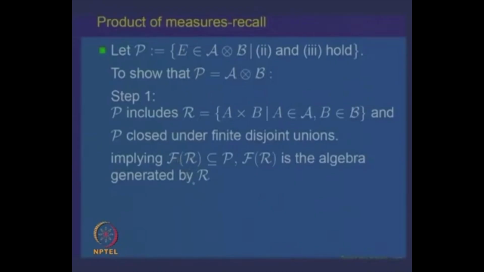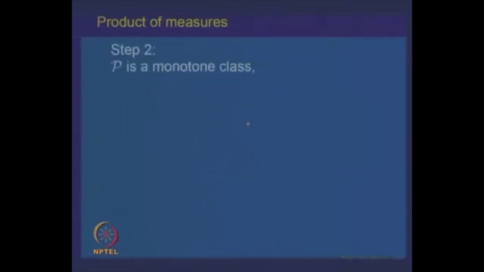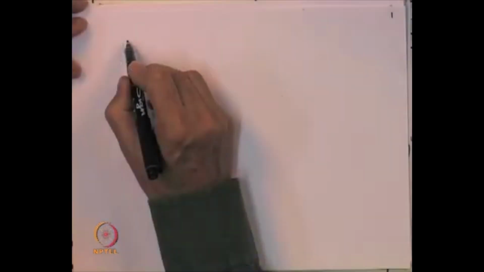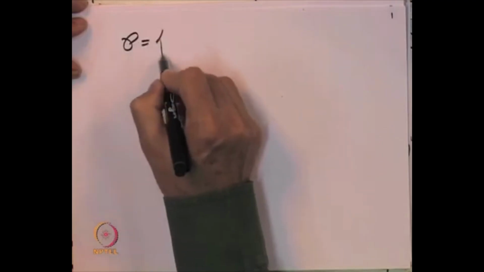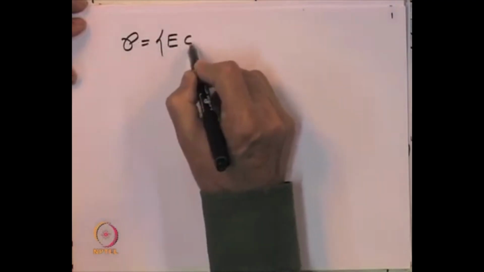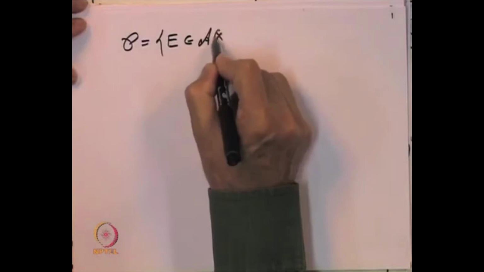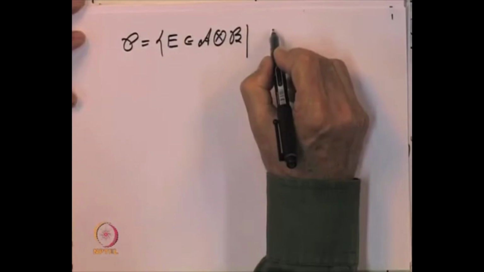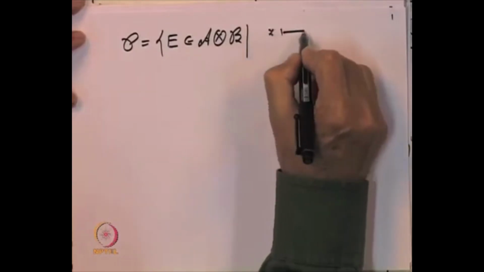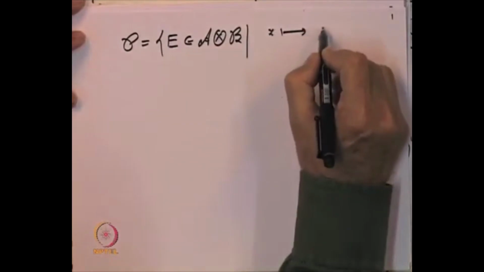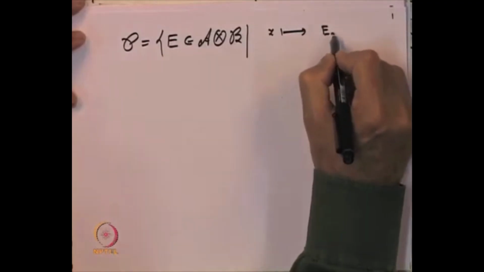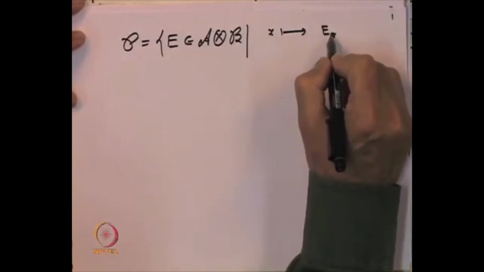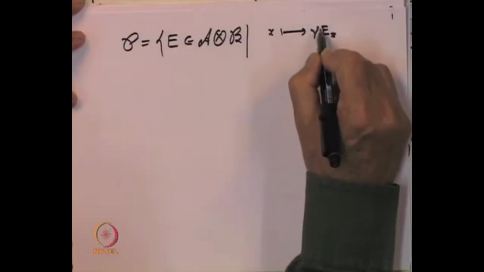So, to complete that proof we have to only show that the class P is a monotone class. So, let us start proving that P is a monotone class. P is the class of all those subsets E belonging to the product sigma algebra A times B, such that if we take the set E and take its section at x, that is a subset of the set Y in the sigma algebra B. So, nu of that makes sense.